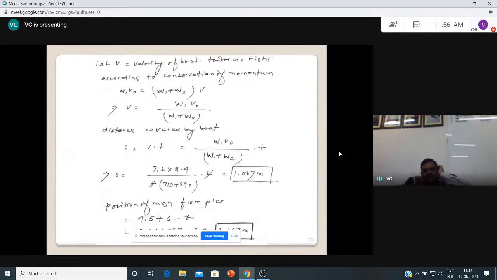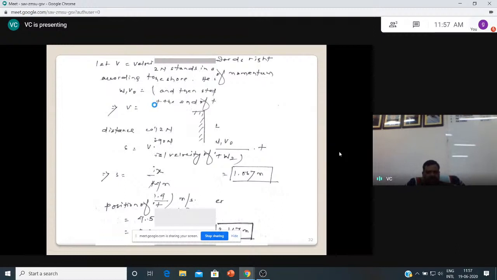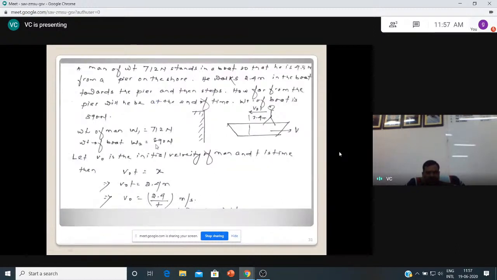Let v be the velocity of the boat towards the right, according to conservation of momentum. Boat is at rest initially, that velocity is 0. See here, the weight of the man is W1, the weight of the boat is W2.